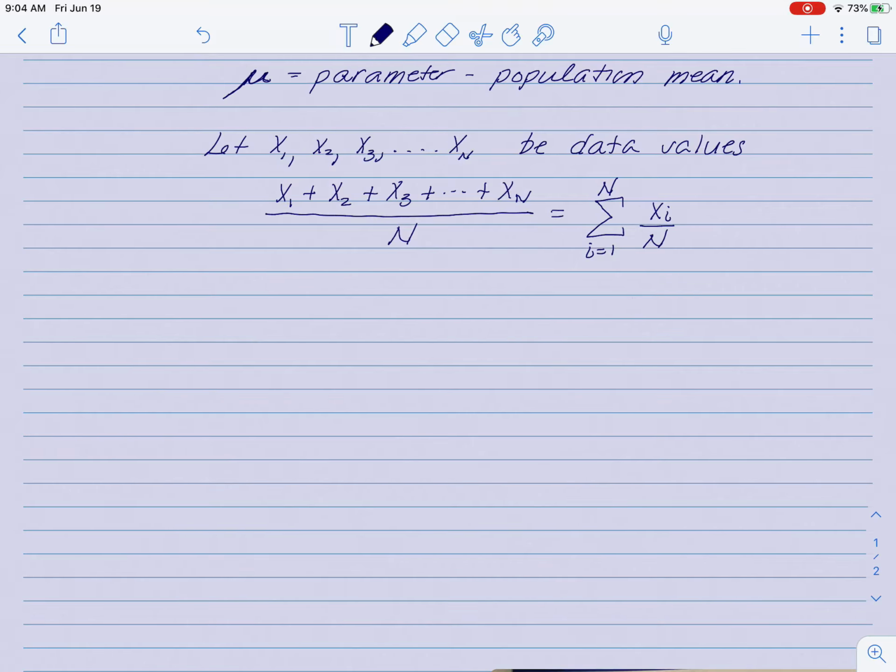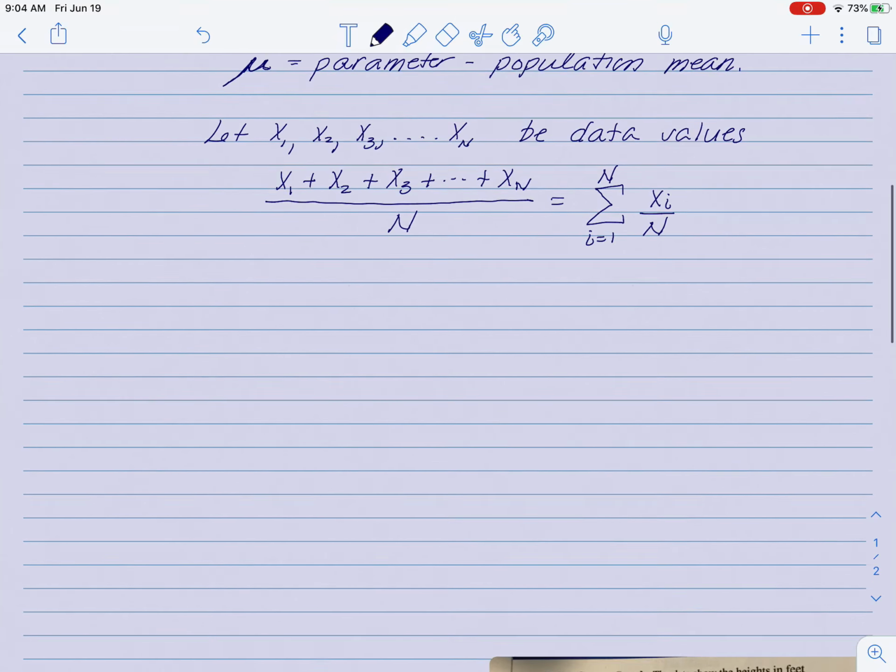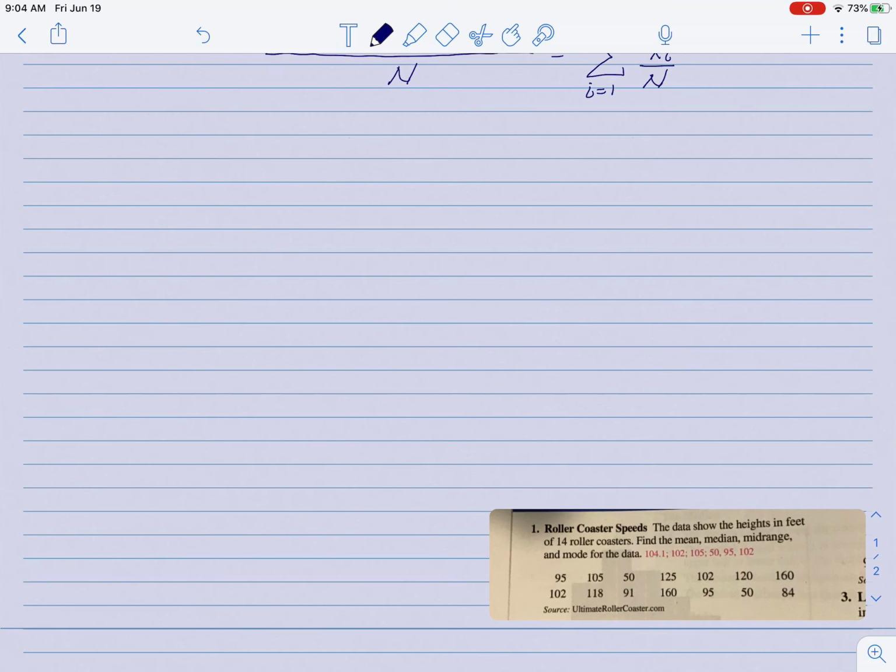And now, median. Here's our example down here. We'll go through that in a minute. A median is the midpoint of the data array.